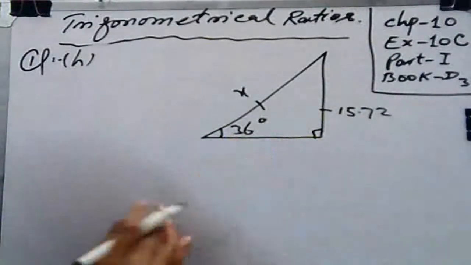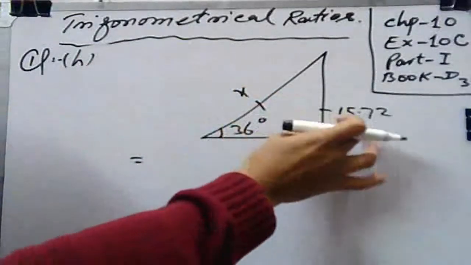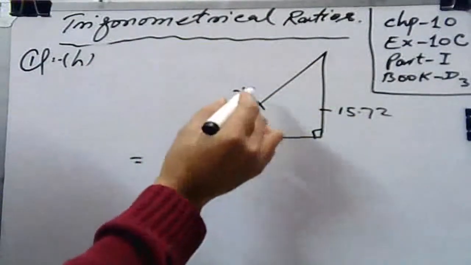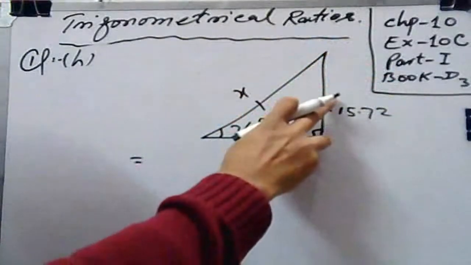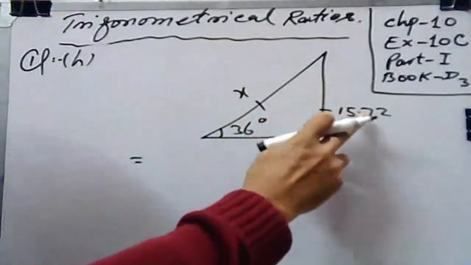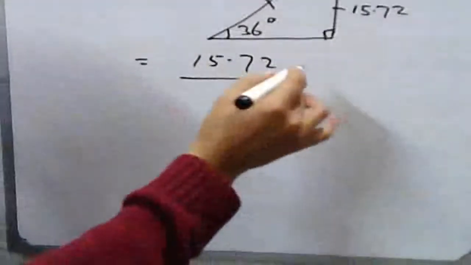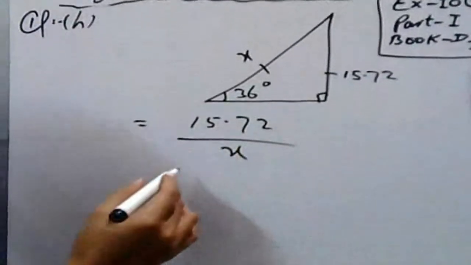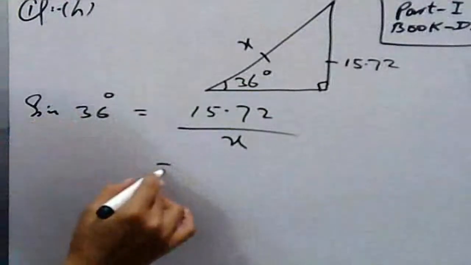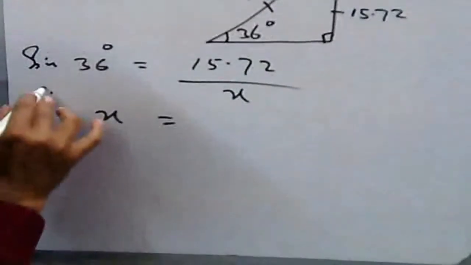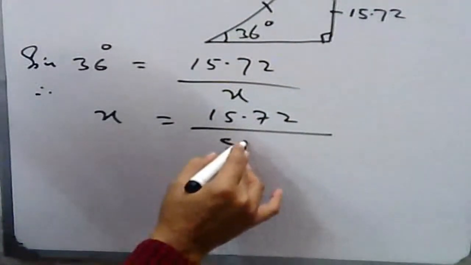So once again you should think about it. This is your known side, unknown side, and what is the ratio. When you take this angle, the opposite side is known as perpendicular. So perpendicular by hypotenuse is known as sine 36 degree. So you need the value of x, therefore x is 15.72 divided by sine 36 degree.